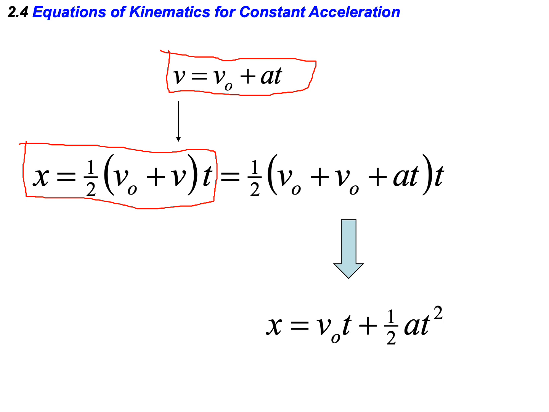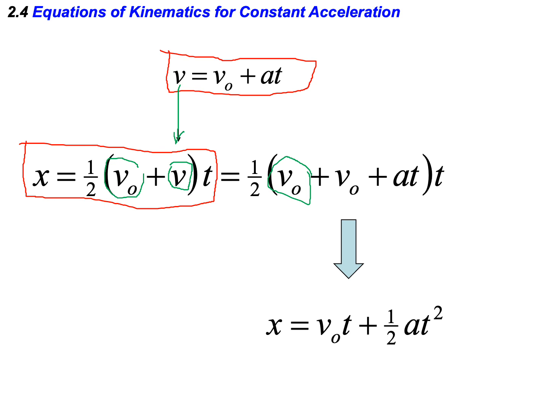So instead of the final velocity here, I can substitute the whole equation. So x is equal to half right here. This v naught is right here. And instead of this v, I can write v naught plus at right here.